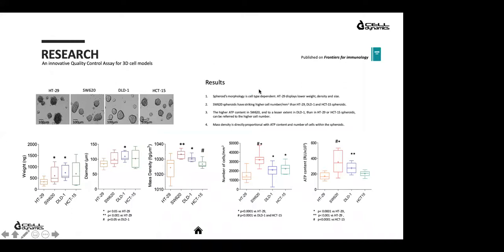These are results taken from a paper that has already been published in Frontiers in Immunology. Here we have grown spheroids, mainly composed of 4 different colon carcinoma cell lines, HT29, SW620, DLD1, and HCT15.